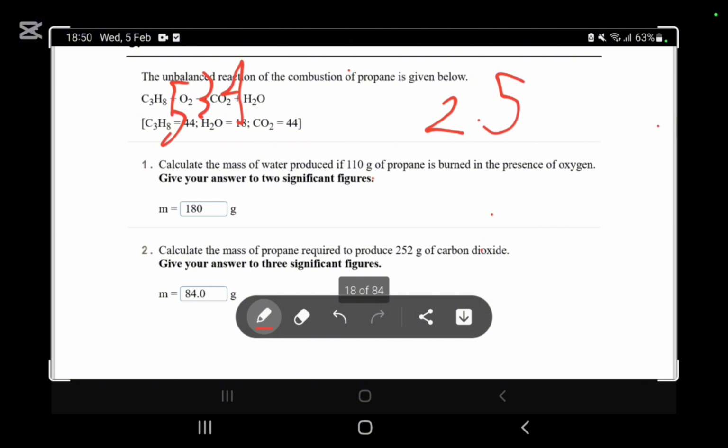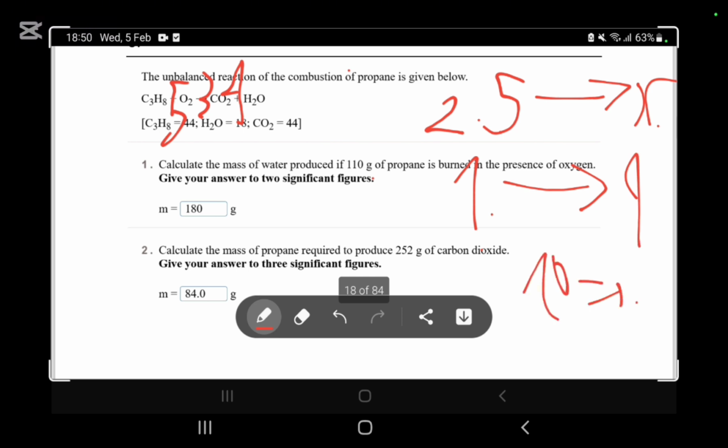They want the mass of water produced. Okay, so since the ratio of propane to water is 1 to 4, we go 2.5 to x is equal to 1 to 4. So 10 is equal to x.